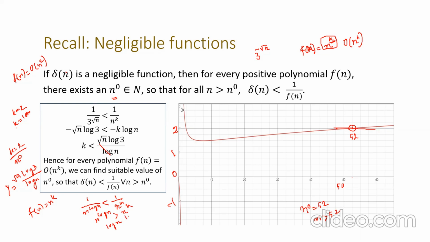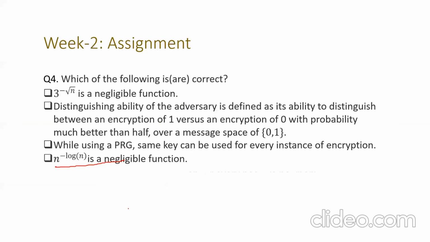So you get log n, and you will always find some value of n such that the value of log n is greater than the value of k, right? So this is very easy to find, okay? So anyway, this is how you show that n to the power minus log n is indeed a negligible function.